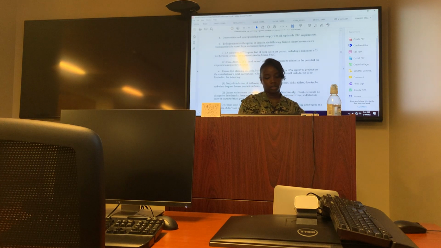Here's a big one too: the minimum size of the room. It's going to be 72 square feet per person, including a minimum of 3 feet between the sleeping arrangements, between the racks and the bunk beds.